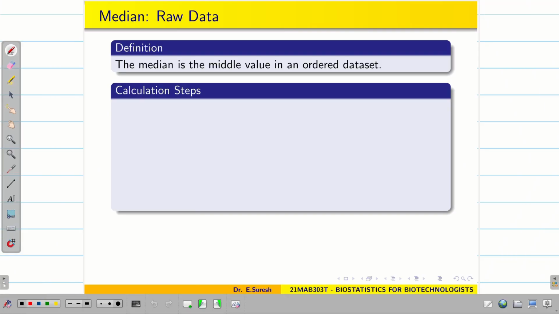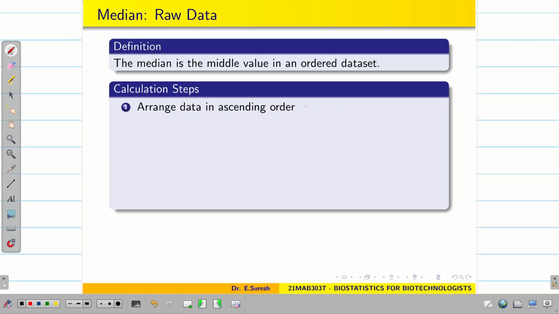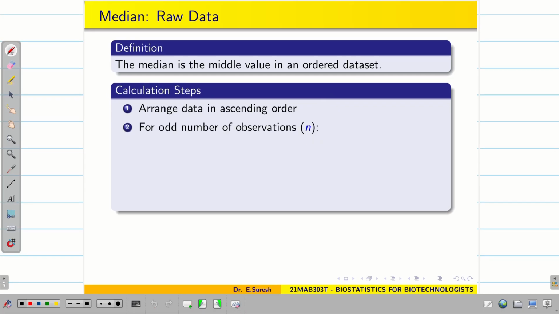Median is the middlemost value of an ordered set. The very important step is you have to write the given data either in ascending order or in descending order. We are going to deal with ascending order, and when we arrange the numbers in ascending order, there are two possibilities. When we count, we can get n may be odd or even.